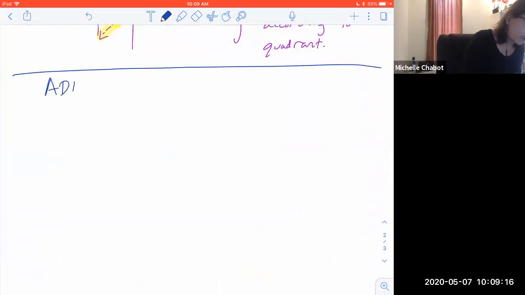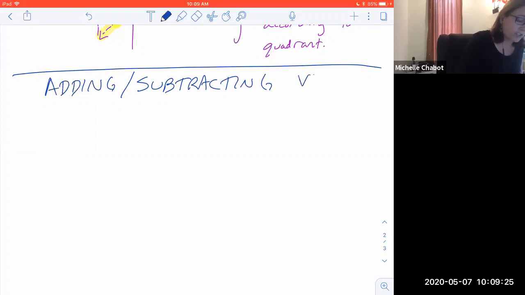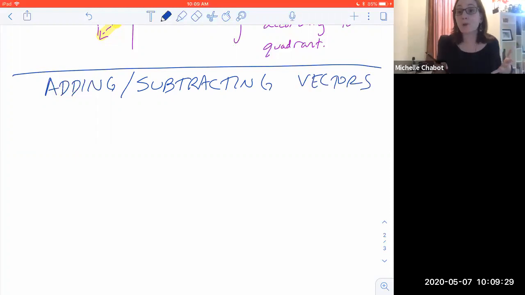All right, so now the next key idea that we need to work through is to figure out how to add. So how do we add and subtract our vectors? Later in this course, we'll learn how to multiply vectors using what's called the cross product or the dot product. But for the first part of this course, we just need to focus on only adding them. And this is literally like a treasure map.